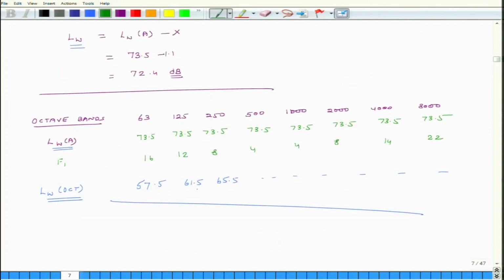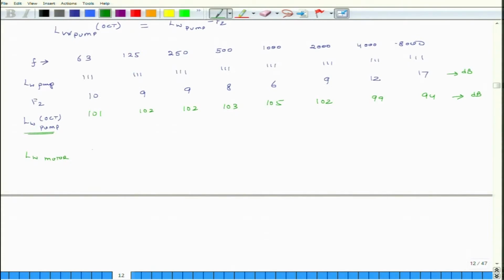So it is 57.5, 61.5, 67.5, 65.5 and so on and so forth.